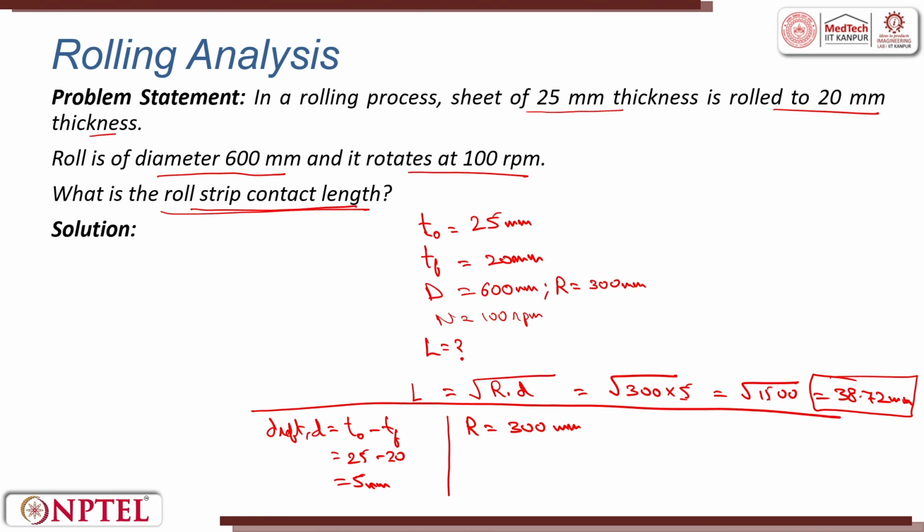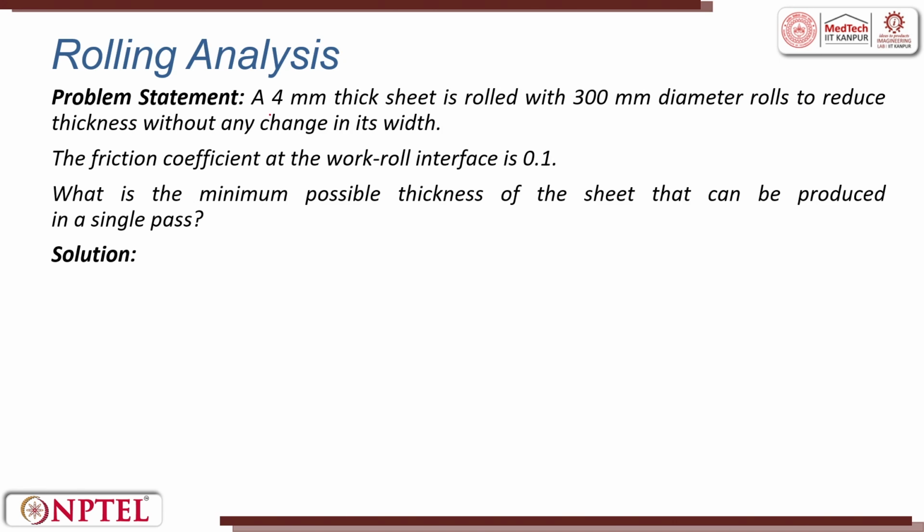Another problem statement says a 4 mm thick sheet is rolled with 300 millimeter diameter rolls to reduce thickness without any change in its width. There is no change in width. The friction coefficient at the work roll interface is 0.1. What is the minimum possible thickness of the sheet that can be produced in a single pass? This is again an interesting problem where we have been given the initial thickness, T0 is equal to 4 millimeters.